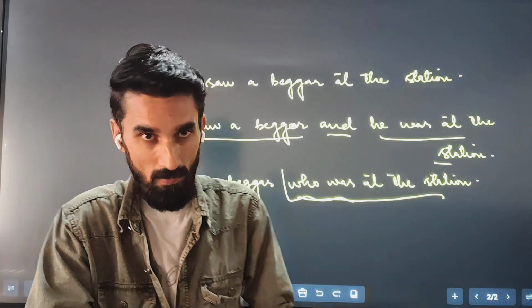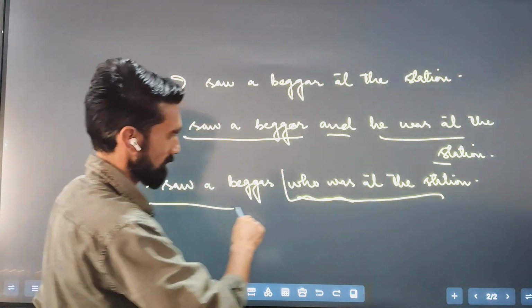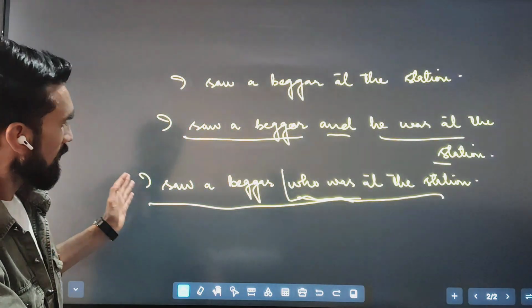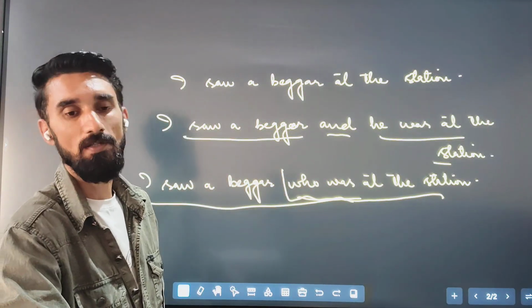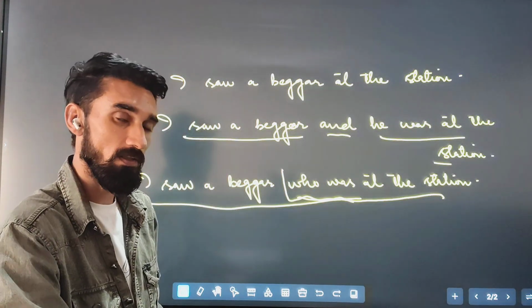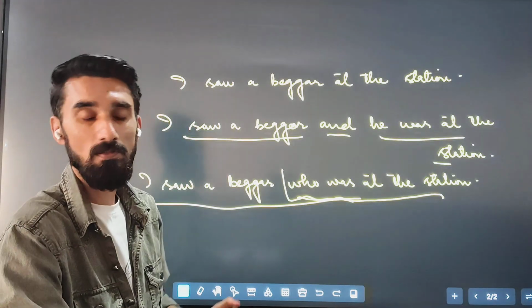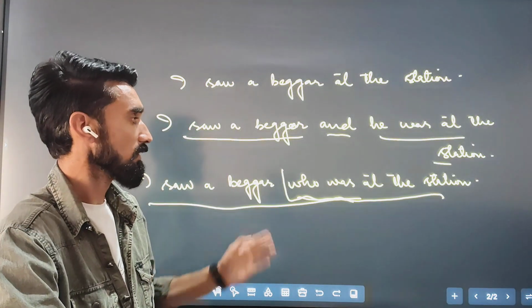If you put it all together and speak it out, I saw a beggar who was at the station, now it makes a proper thought, a complete sense and a complete meaning. So it becomes a complex sentence.